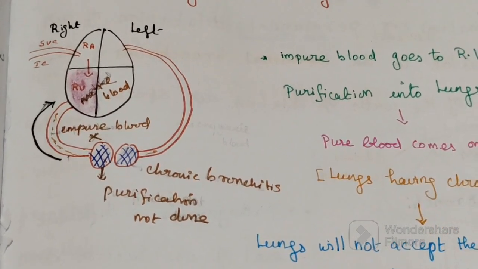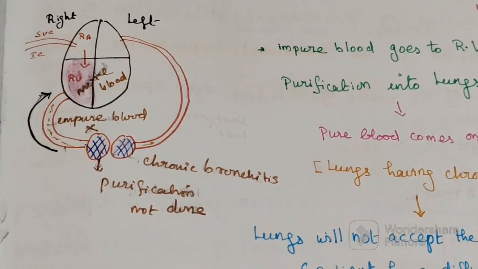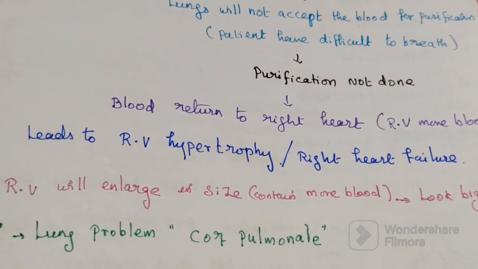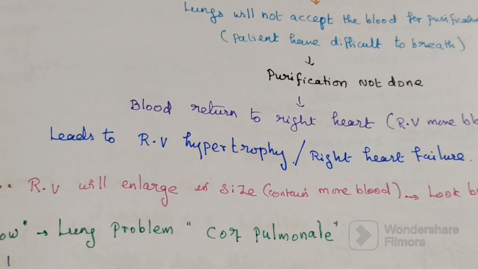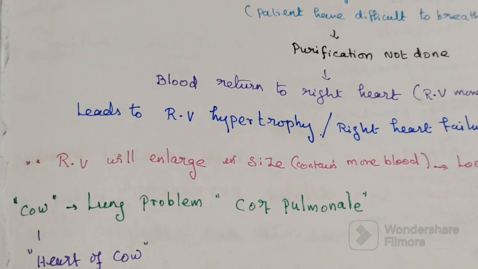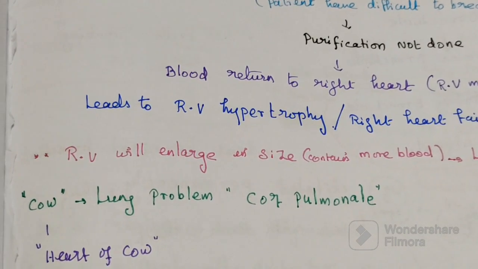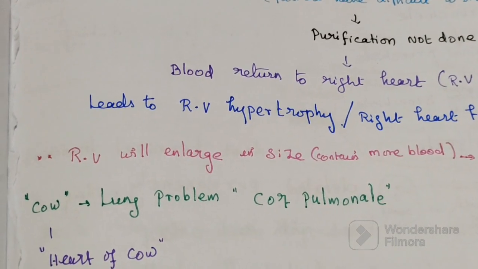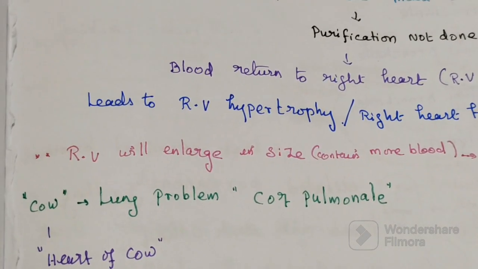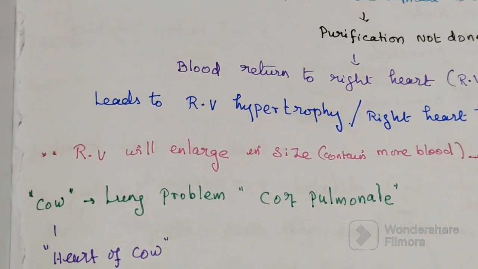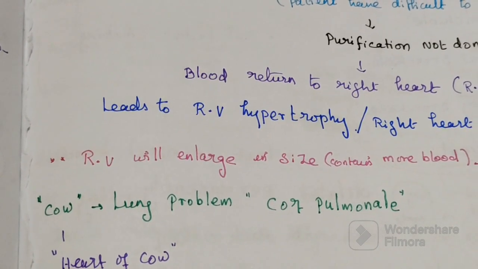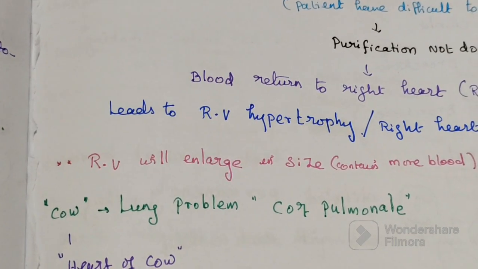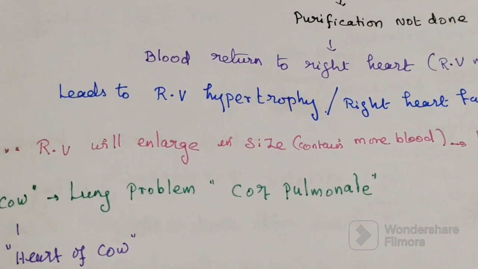Look at this heart of a cow. Cow means bovine. That's why it is known as cor pulmonale. It is a heart failure in which the heart enlarges in size, looking like the heart of a cow. It is due to a lung problem, which is known as cor pulmonale.